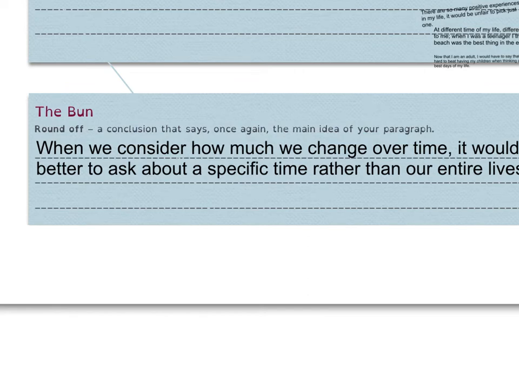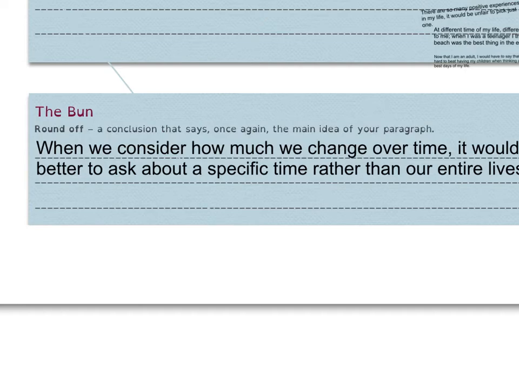So we have our bun again, which is the bottom of the bun. And remember, this is our conclusion, our rounding off. And we need to have this sentence in our paragraph because without it, our sentence would all just fall down and collapse like a burger that doesn't have something to hold it together.